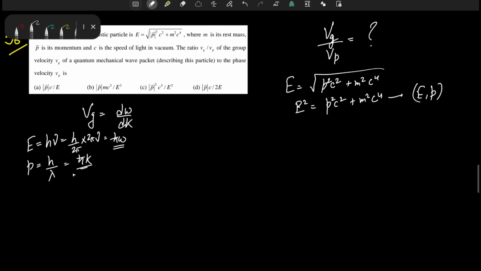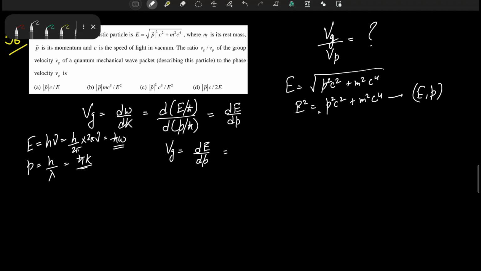So from here, in place of omega you can write E by h cross, because E is equal to h cross omega, and in place of k you can write p by h cross. The h cross will cancel from numerator and denominator and you will get dE by dP. So Vg can also be written as dE by dP. It is d omega by dk, but you can write it as dE by dP.